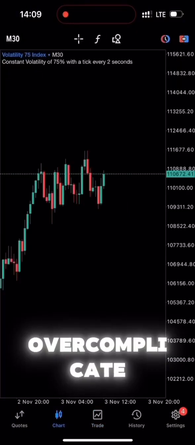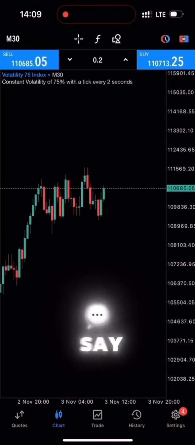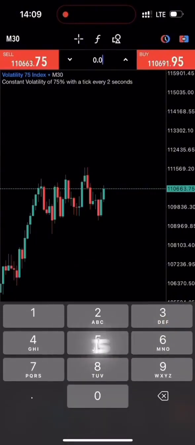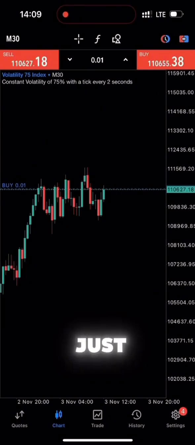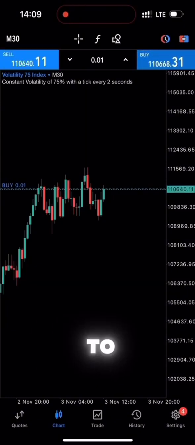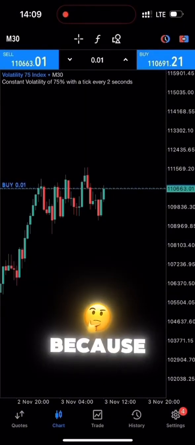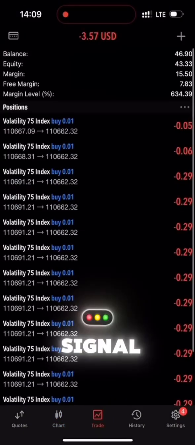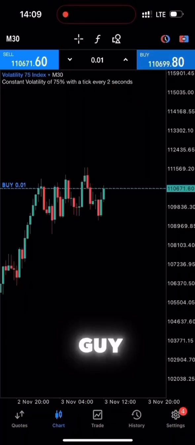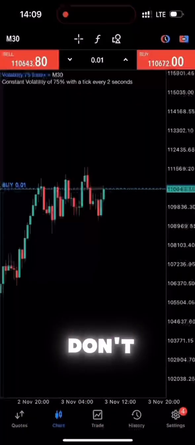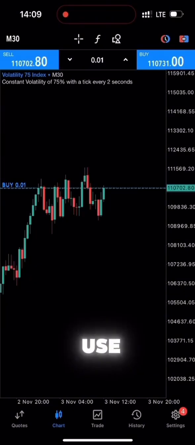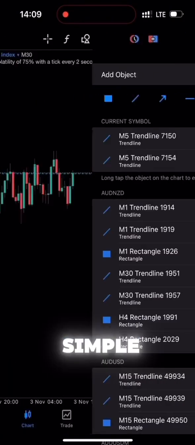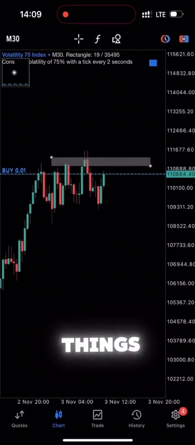Don't try to overcomplicate things by saying, hey guys, the order block has just been reached, the time frame has just dropped, so I need to switch on the light now, because the signal has been reached. Oh guys, don't do that, my friend. Just use common knowledge. It's very simple. Don't complicate things yourself.